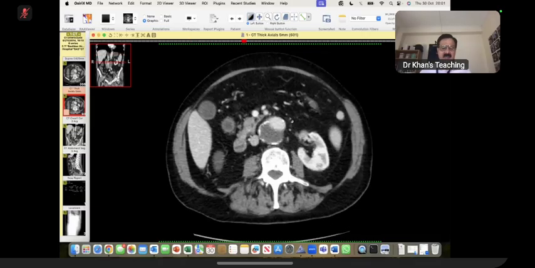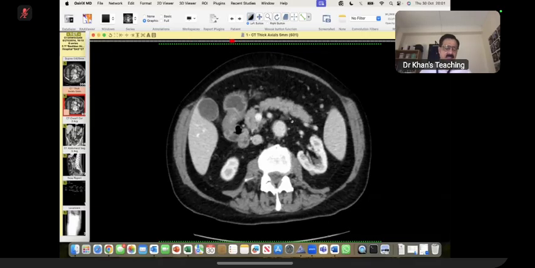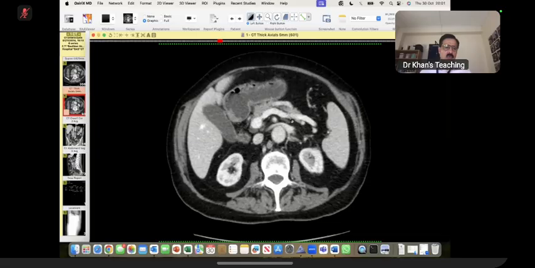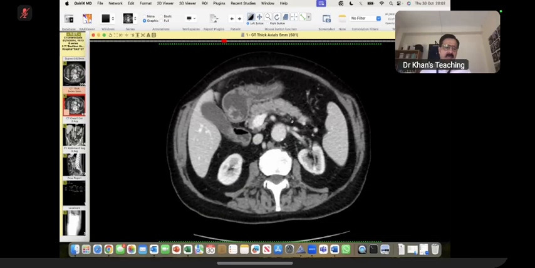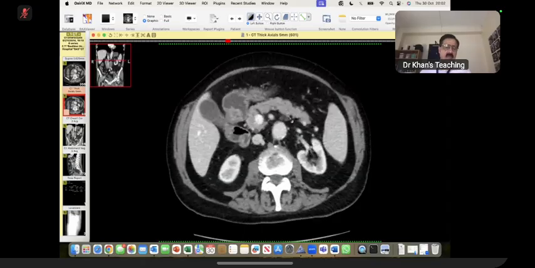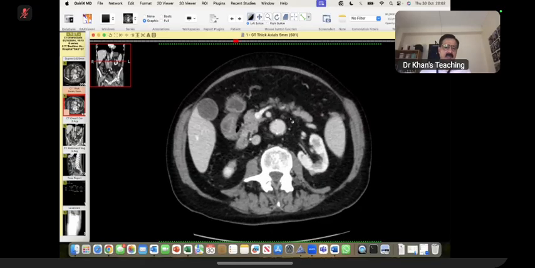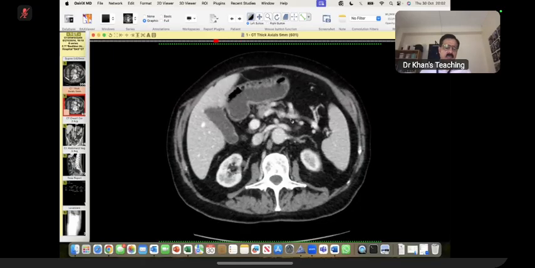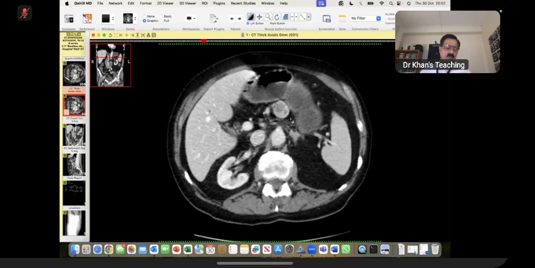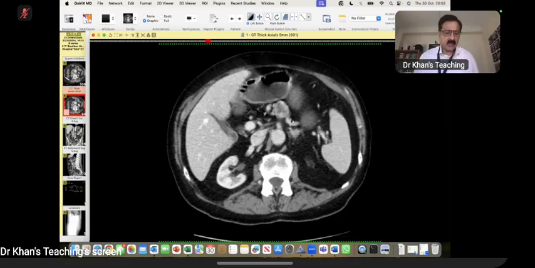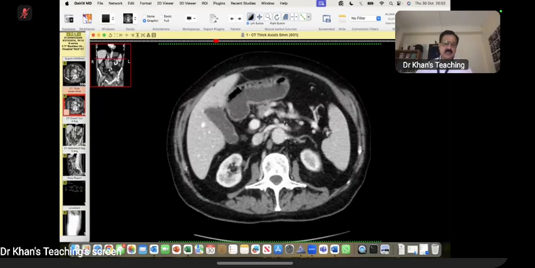But again, I have seen a pattern in you. You again just lingered on and on and on. Management wise, the thought process which you gave me was again lacking. For example, you asked for a nuclear scan. Why a nuclear scan? Very rarely will you do a nuclear scan, only in a special scenario.